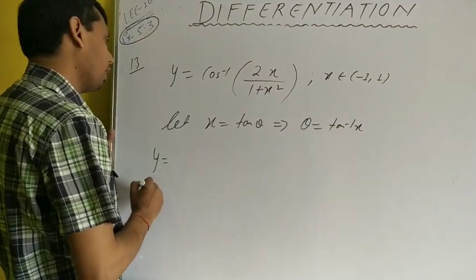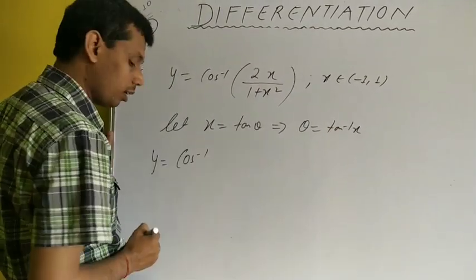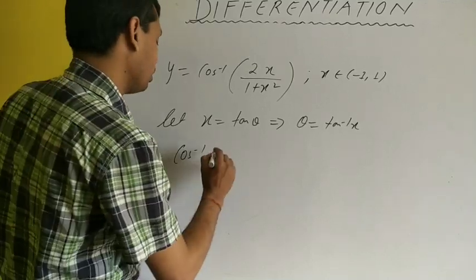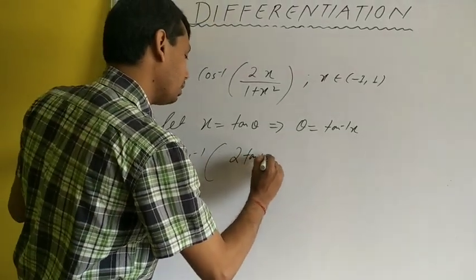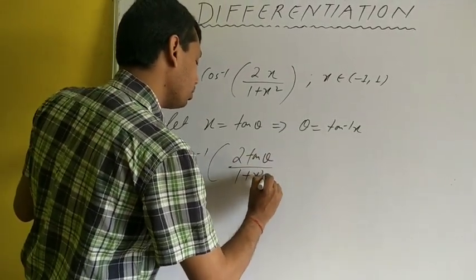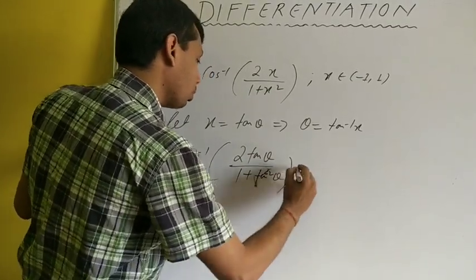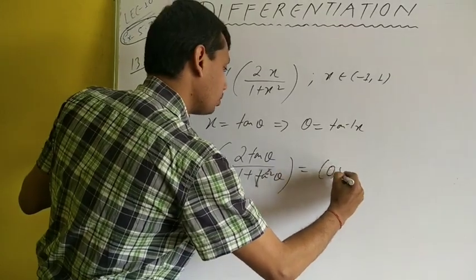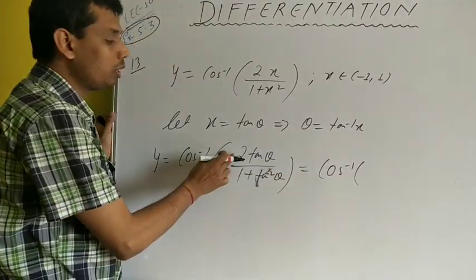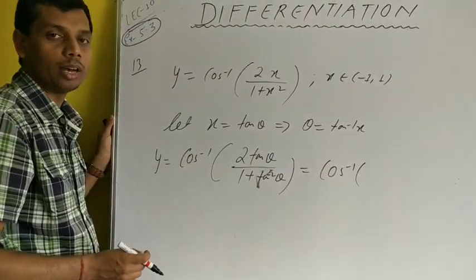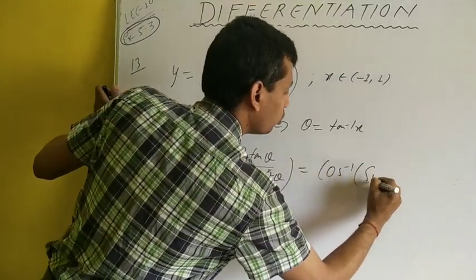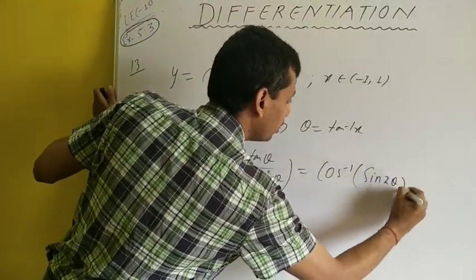Now, y is equal to cos inverse of 2 tan theta by (1 plus tan square theta), and that is equal to sin 2 theta.